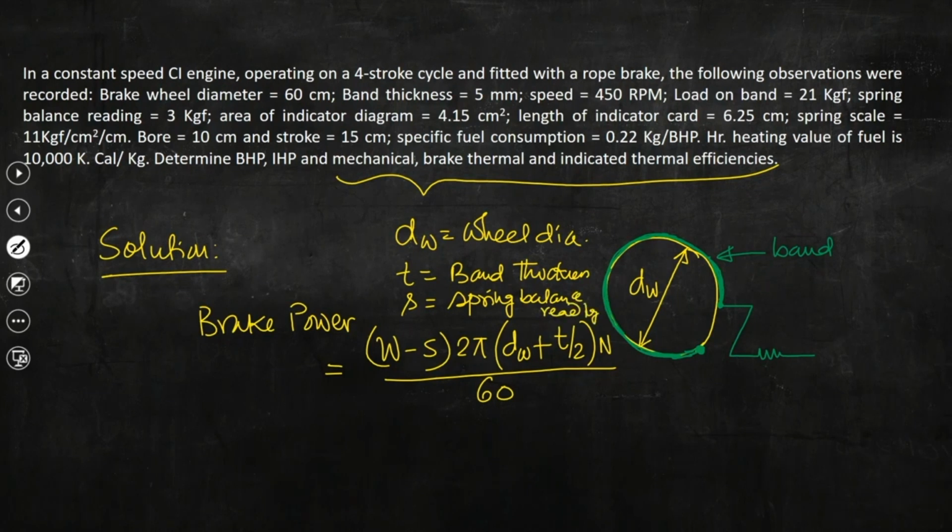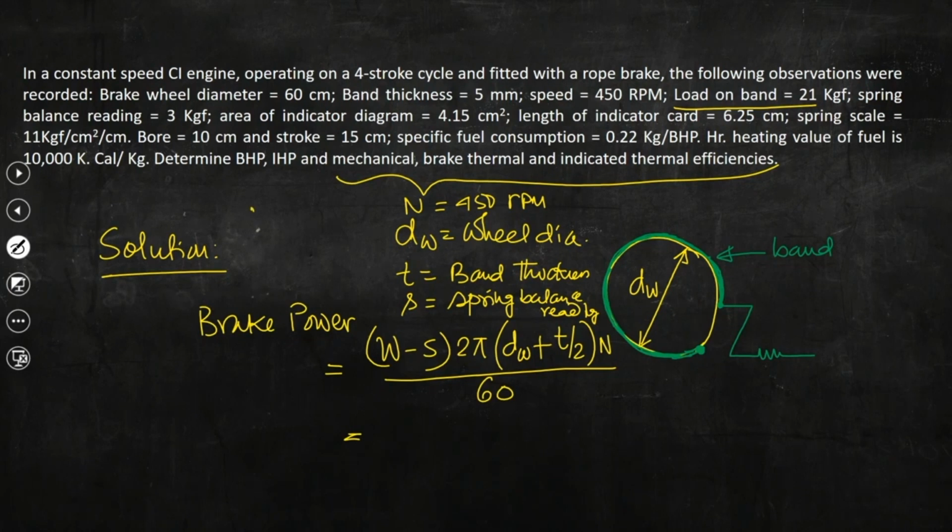If we calculate it, we know all these quantities. N is given as 450 RPM. We divide by 60 to get kg force into meter per second. And W is the load on the band, which is given as 21 kg force.